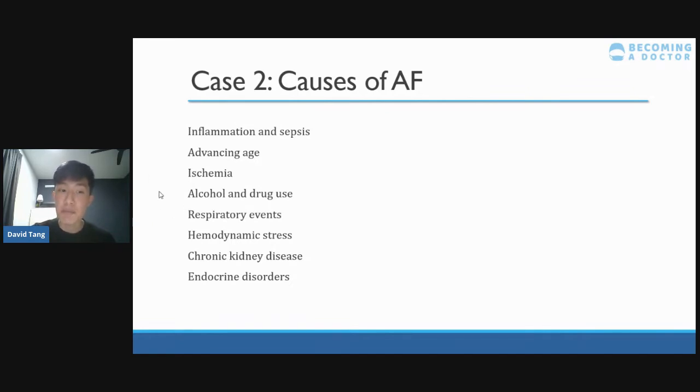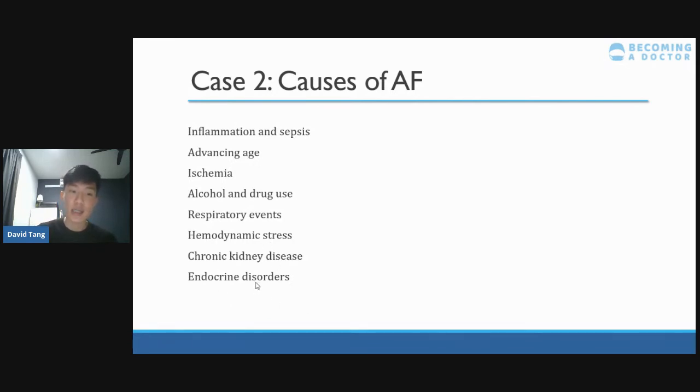Respiratory events, and what I mean by that includes pulmonary embolism, pneumonia, and some other disease processes in the lungs that are not related to cardiac issues. Hemodynamic stress, for example, if the patients have valvulopathy, they get dilation of their left atrium, and as a result of that, they can also develop AF.